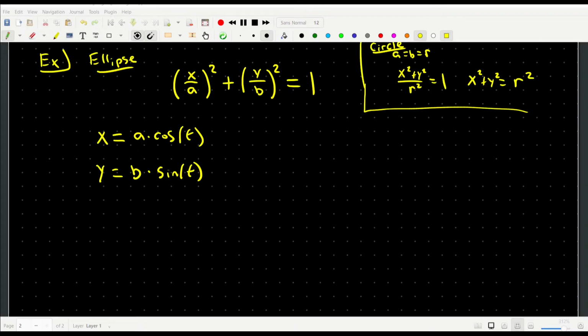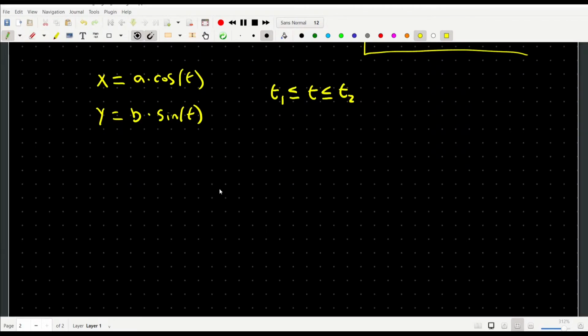The segment of the ellipse that we're looking at is determined by the interval with respect to t that we look at. So the full ellipse will be from 0 to 2 pi, but a segment of the ellipse will correspond to t from 0 to some angle, and you can get any segment of the ellipse that you want.